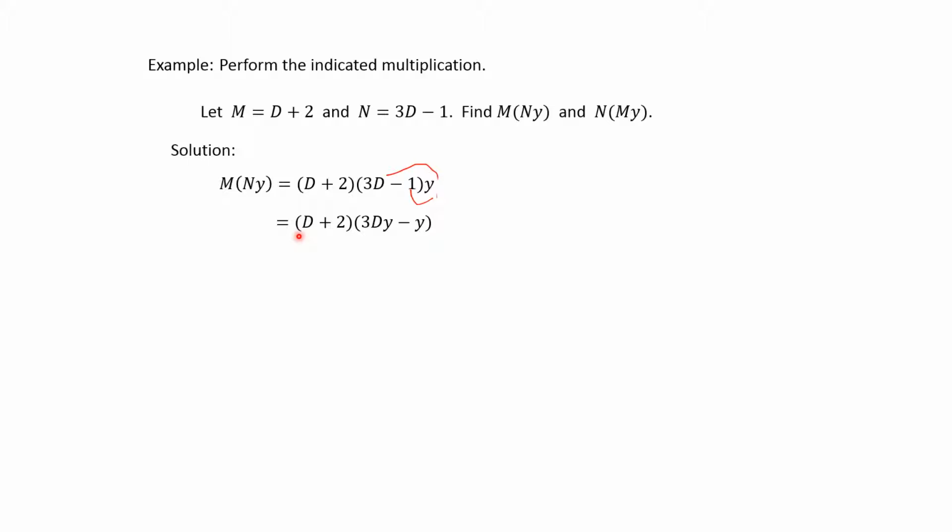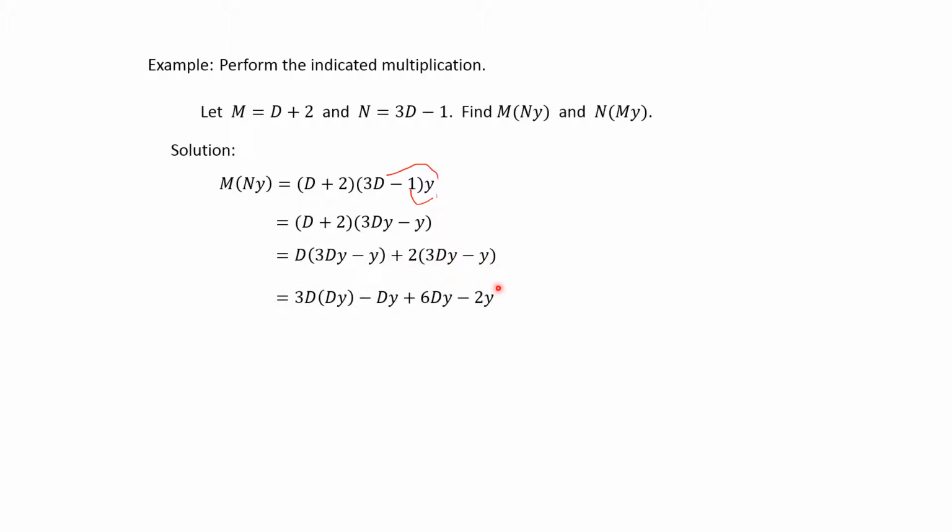Again, this D plus 2 can be distributed. D is distributed to 3Dy minus y, and 2 is distributed to 3Dy minus y. That's why it's D times (3Dy minus y) plus 2 times (3Dy minus y).